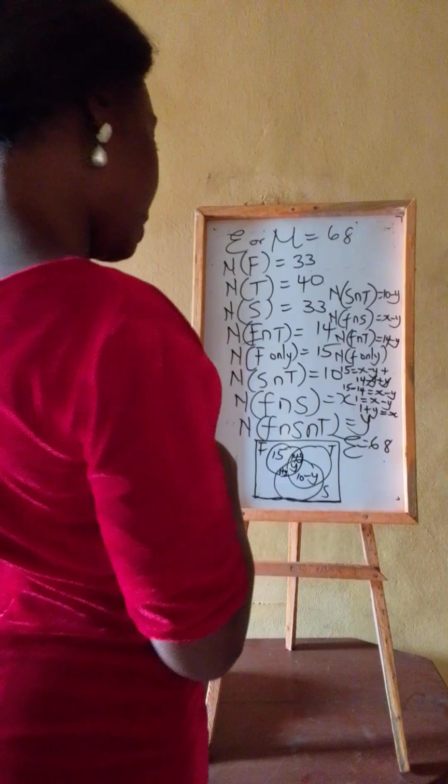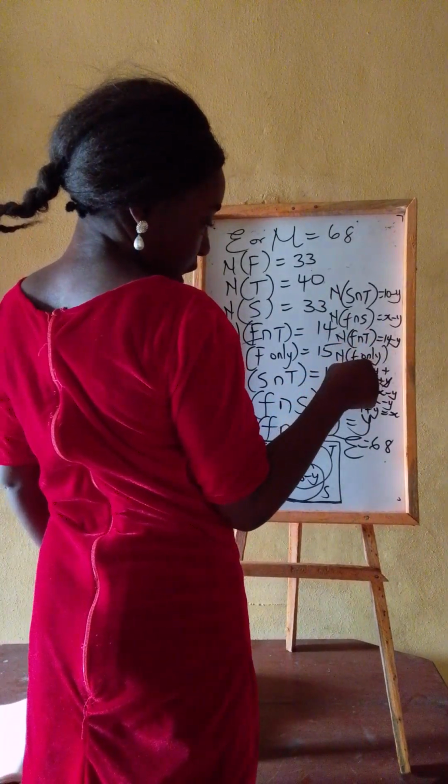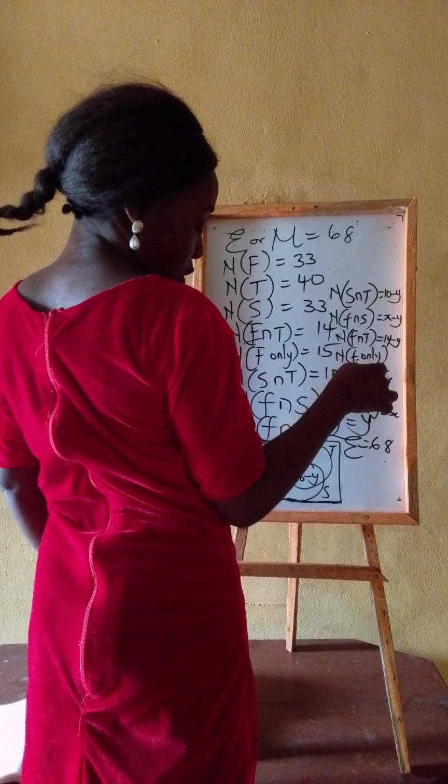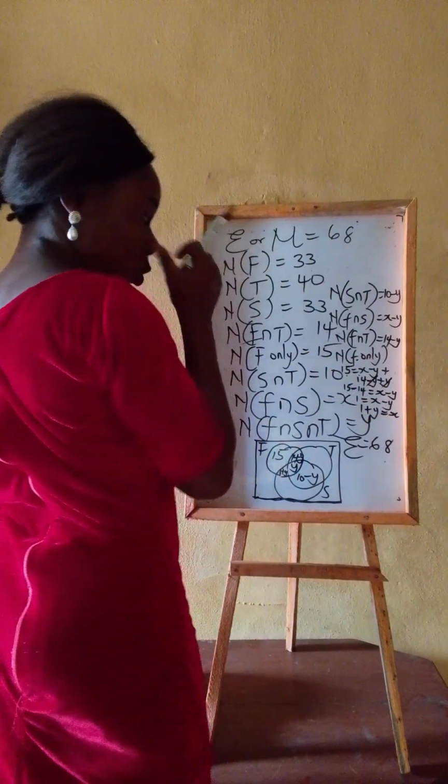I hope we are clear with that. It's because we are given F only. F only is 15 equals to, remember, x minus y plus 15. So we have 1 plus y.